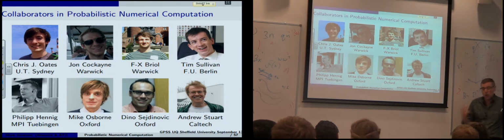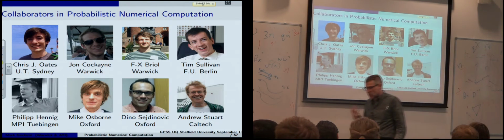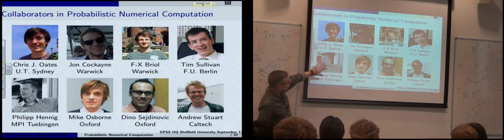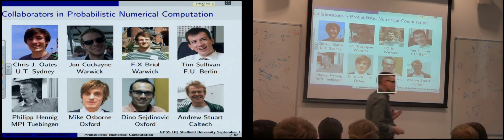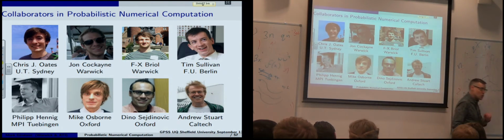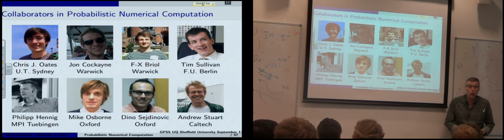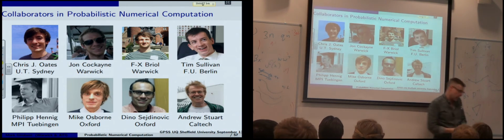If any of you are looking for an interesting PhD project or postdoctoral project, probabilistic numerics, or probabilistic numerical computation, is certainly an open field. There are lots of open questions, and very interesting ones, from all of these areas.